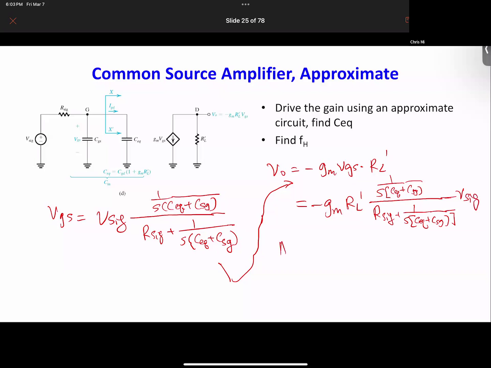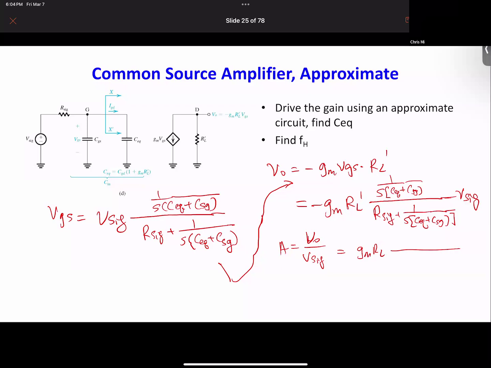So now we can get the gain equal to VO over VSIG, which is going to be GM times RL prime times this whole thing over here. I'm not going to rewrite it. It's just that same equation.